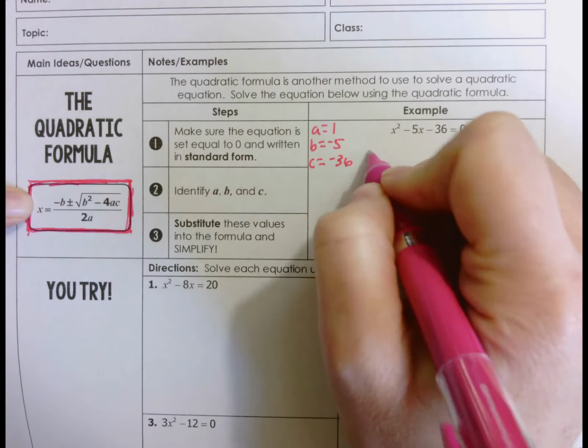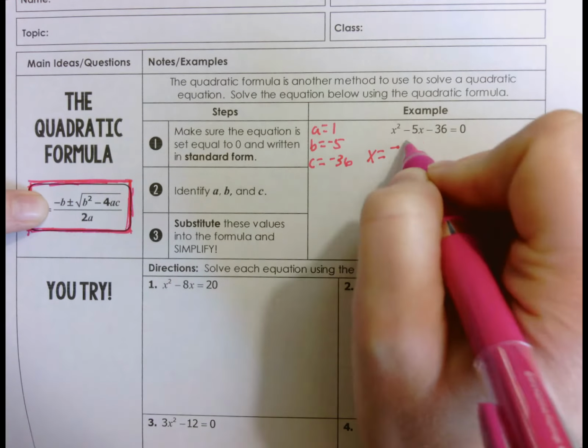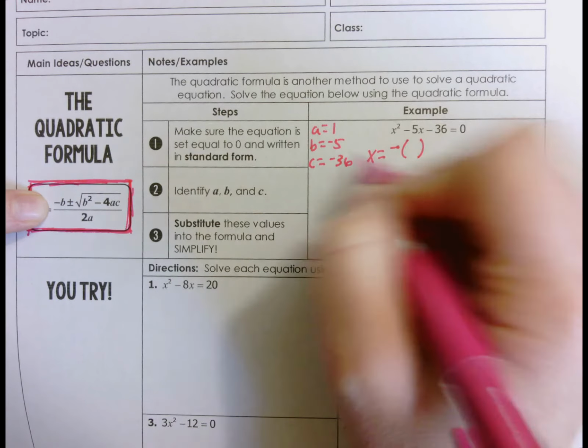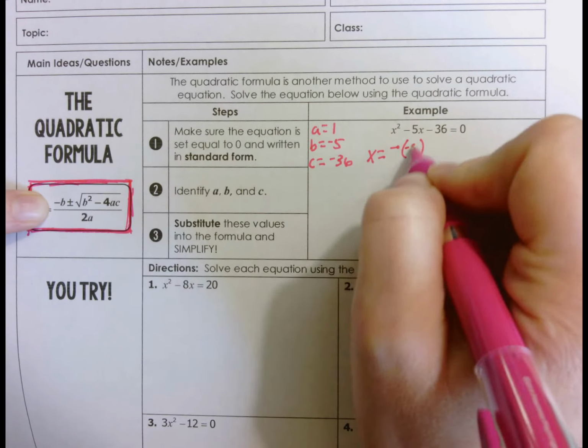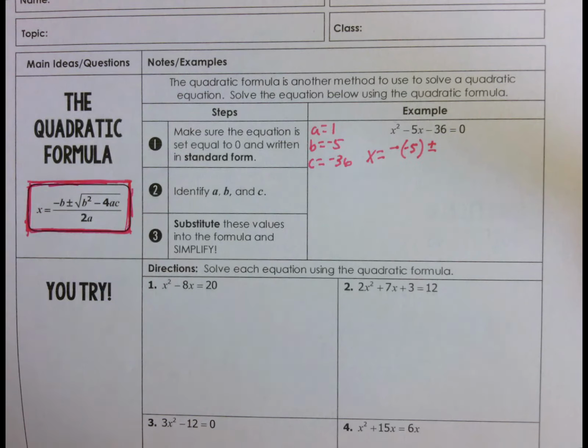So x is equal to, negative is part of the formula. Then we use our parentheses and plug in the b value, which is negative 5. We use plus or minus, because that's going to give us those two solutions that we're typically looking for. Sometimes there's only one, but there may be two solutions, so that's where the plus or minus comes in.